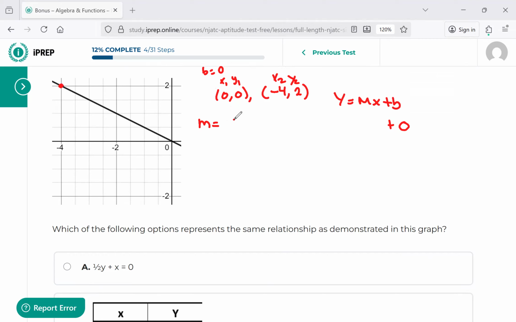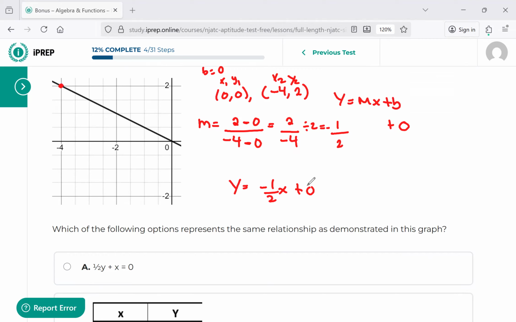So y2 is 2 minus my y1 is 0. My x2 is -4 minus my x1 is 0. So 2 minus 0 is 2, and then -4 minus 0 is -4. Reduce. So that could be -1/2. So my final equation is going to be y equals -1/2 x plus 0.